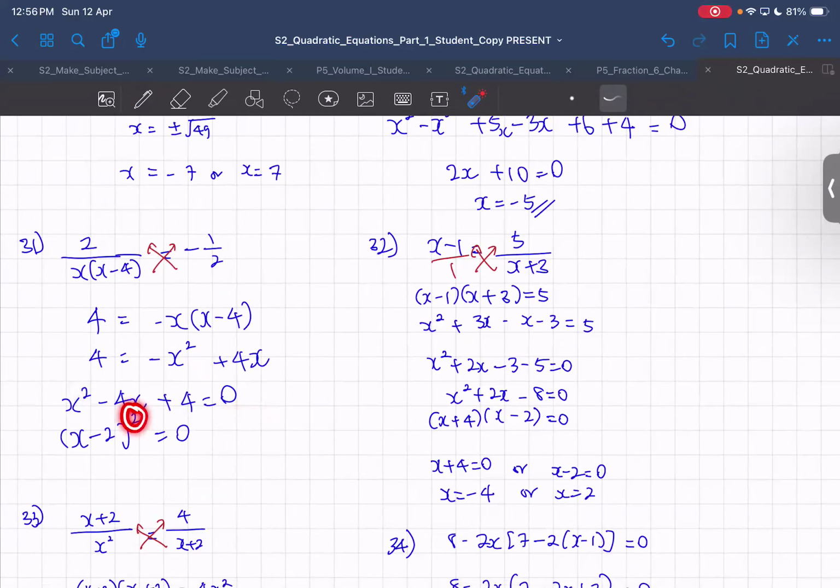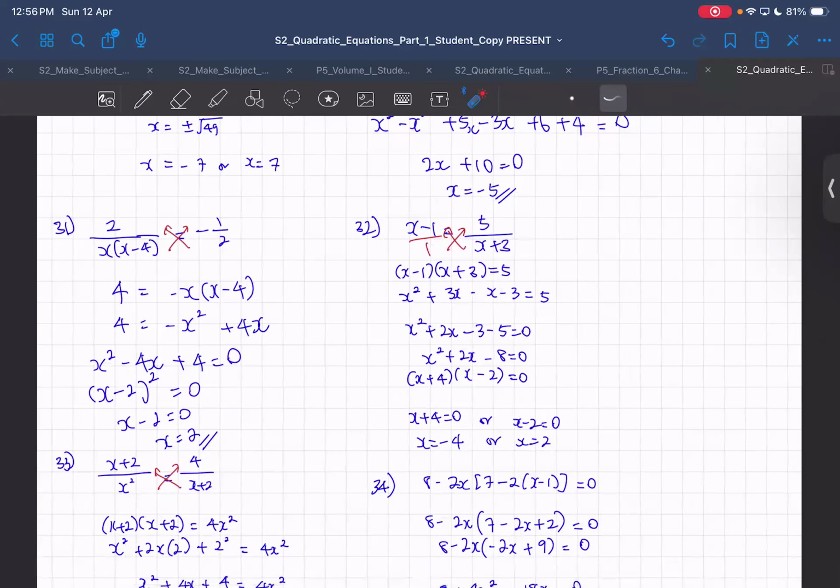That's why we have a square here. It's repeated roots. But for this, my answer will still be one answer. Repeated roots, just one answer. But you must write the square here, otherwise no marks.